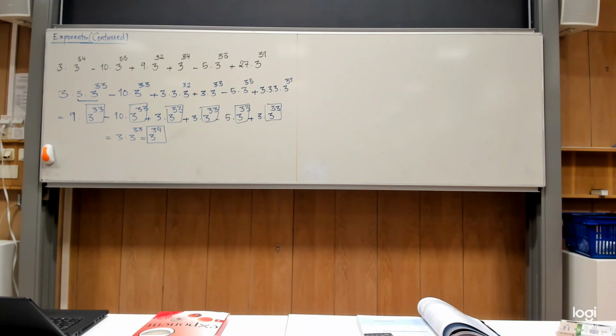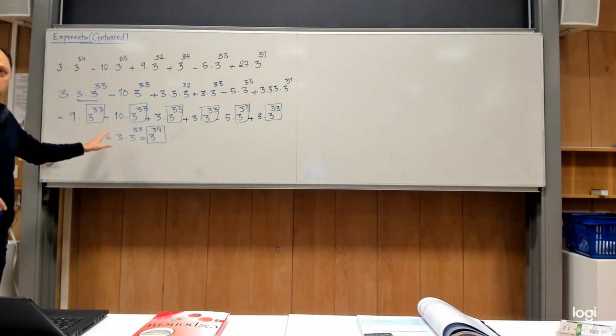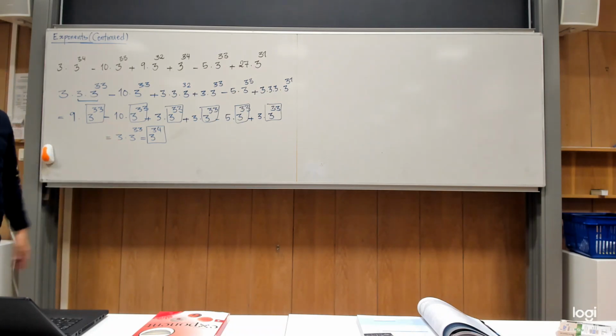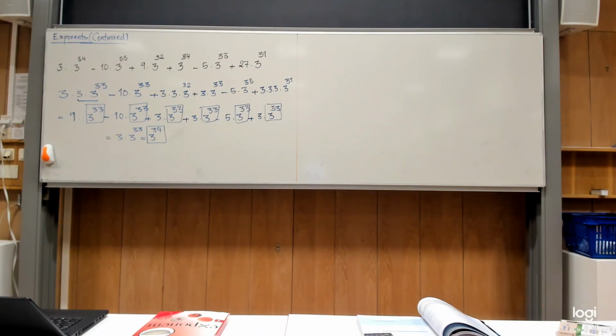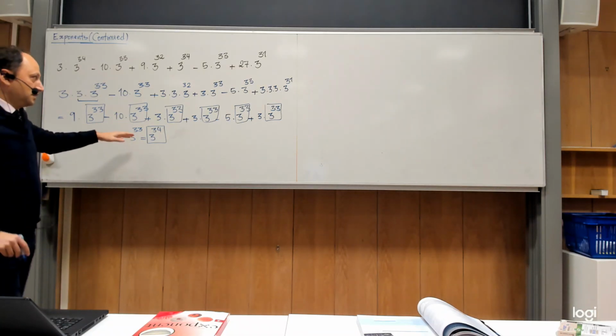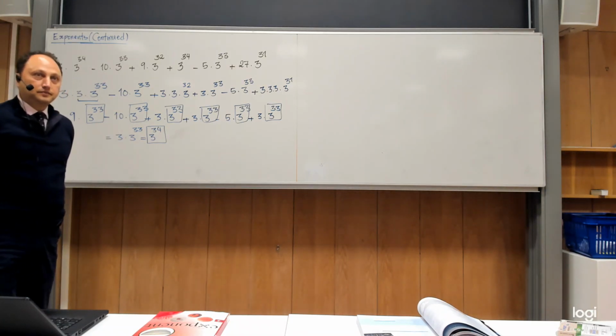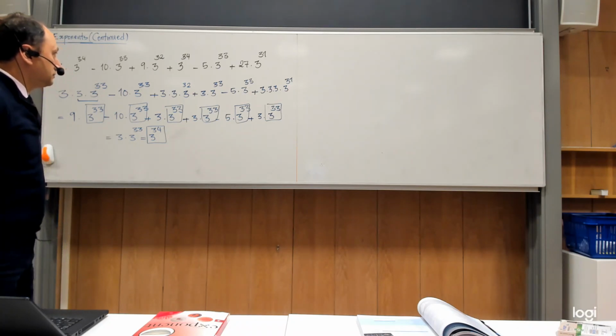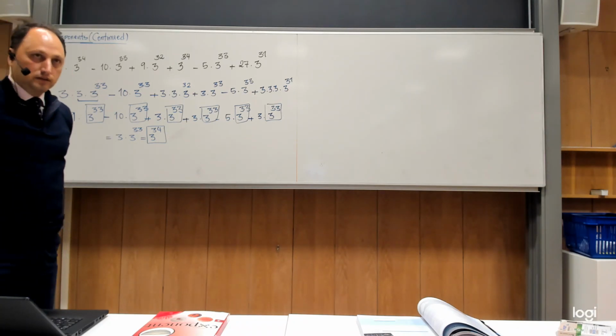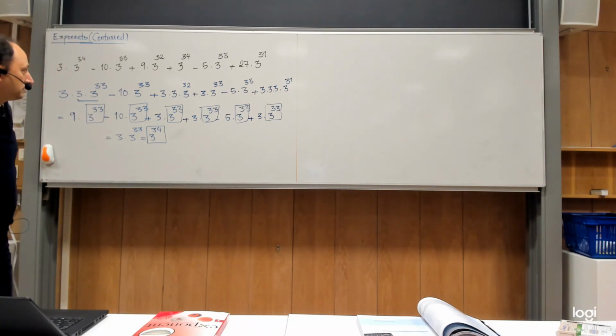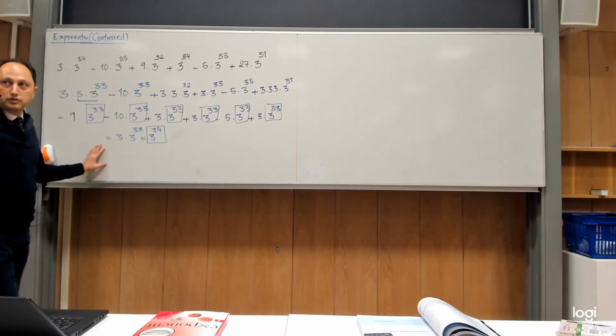Okay, so you got 3 to the power 35. So you might have made a mistake somewhere, yes? Did you detect your error? Okay, but now you understand what's going on. Okay, so everyone is okay with this solution?